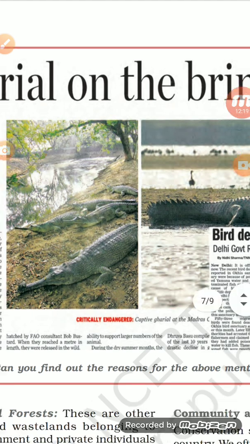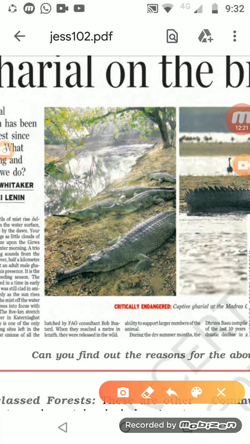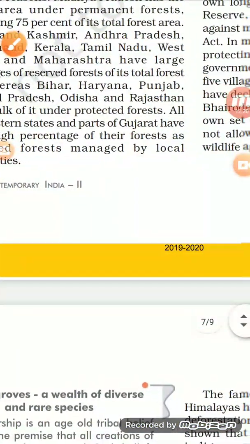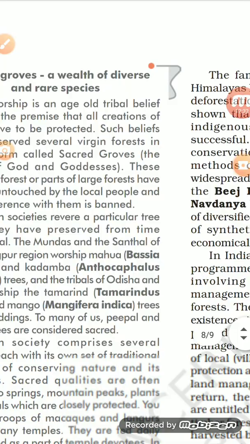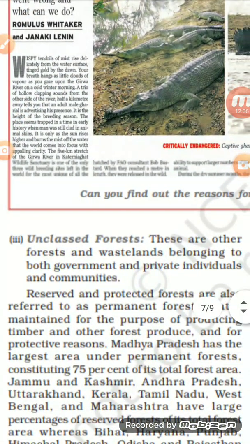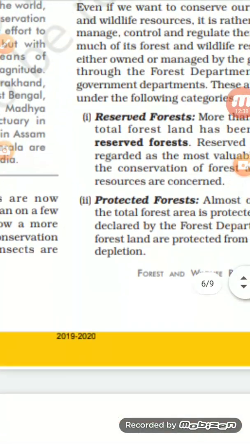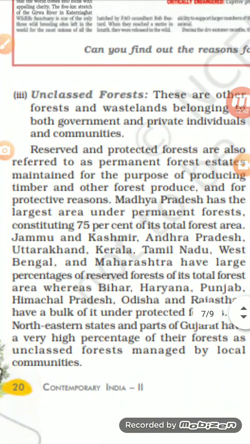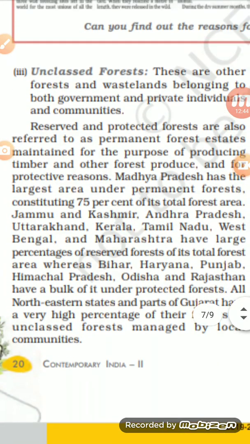Yes, children, you can see in the picture what actually is a ghadiyal. It has also come under the endangered species. Please check. So the different types of forest that we have: reserved forest, protected forest, and then, children, unclassed forest.